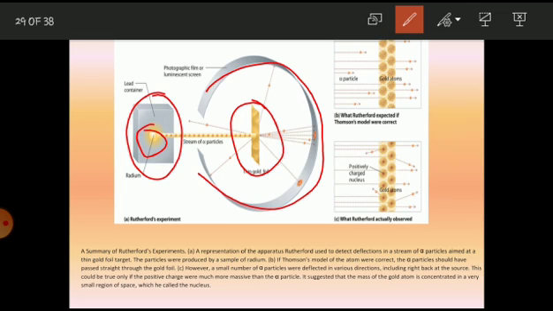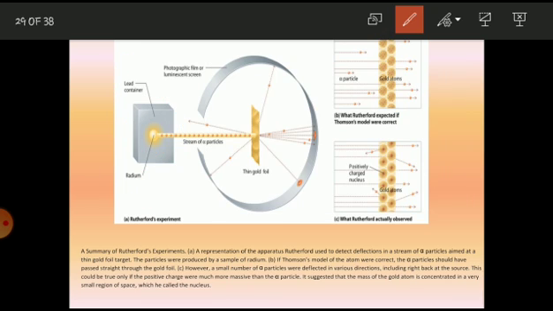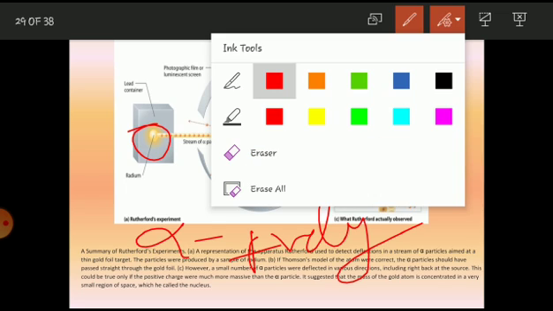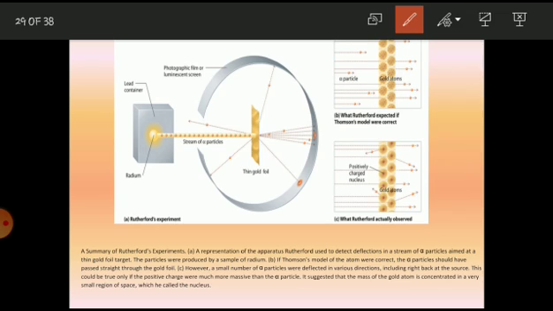This is the setup, and behind this we also have the fluorescent screen. Now first the radium is emitting alpha particles. Let us know about alpha particles. Alpha particles are positively charged particles.